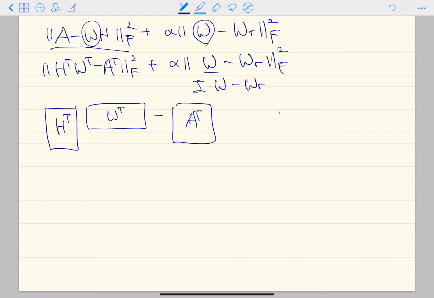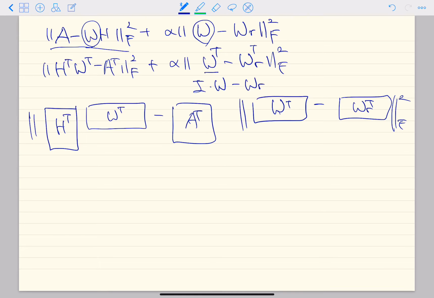Then let's just apply W transpose over here. Right? So we have the identity matrix over here, and so we can make it a single Frobenius norm case.